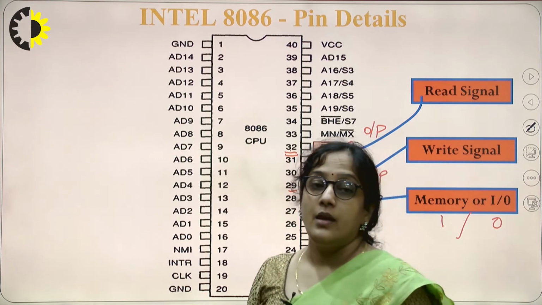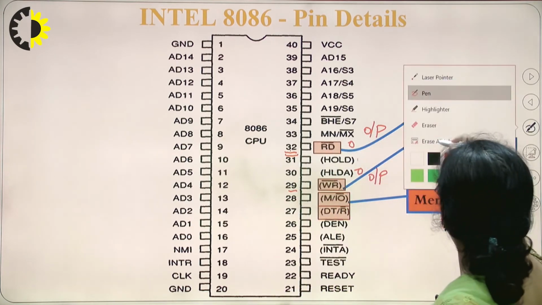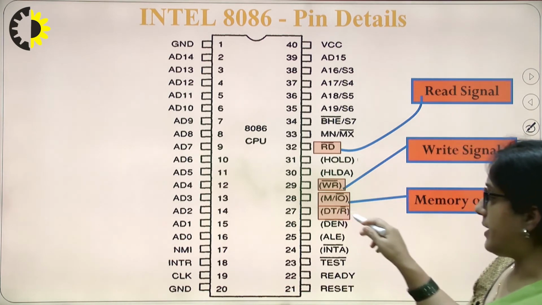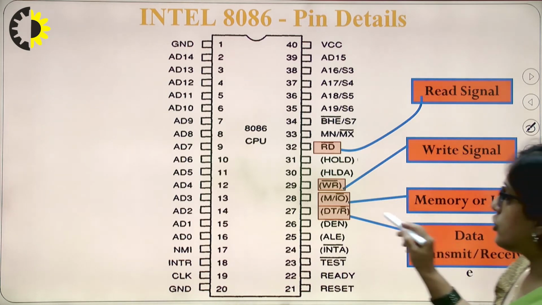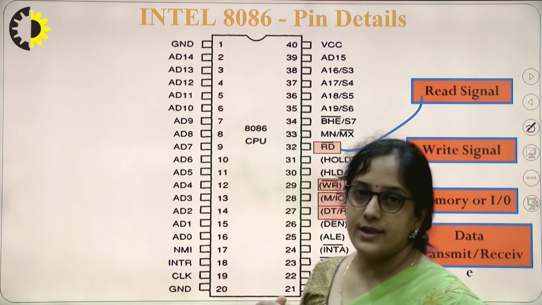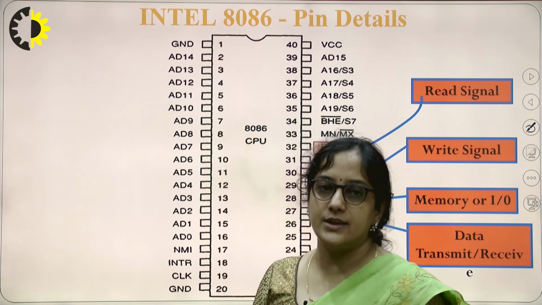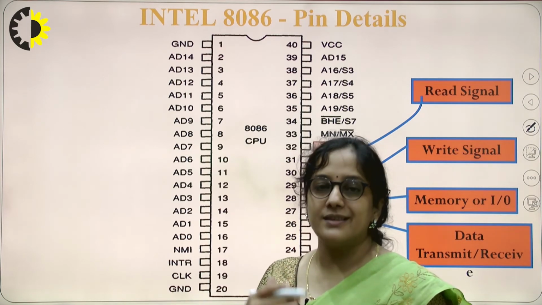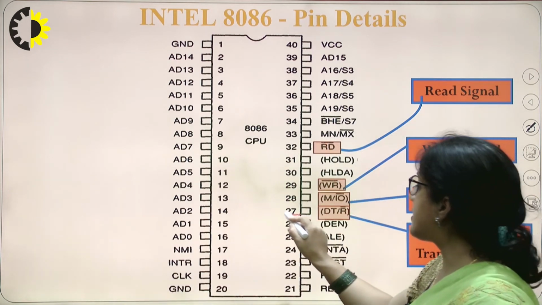DT/R bar, data transmit or receive. This indicates whether the microprocessor is transmitting some data or receiving data. If the microprocessor is transmitting some data, then pin number 27 is 1.